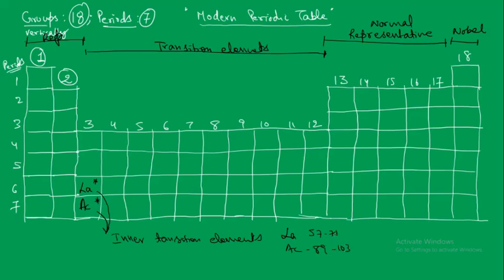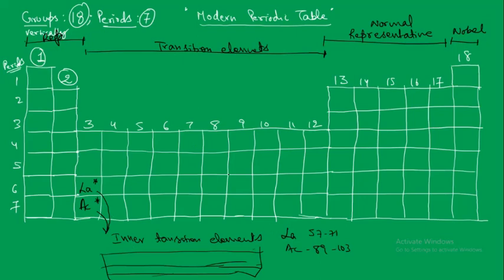Since all of these are not accommodated exactly here, this is a condensed periodic table, so these two groups are shown separately outside. Because they occur inside the transition elements, they are known as the inner transition elements.